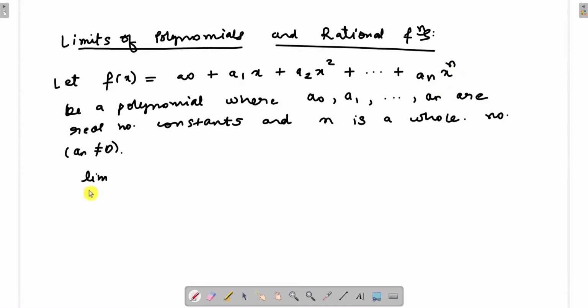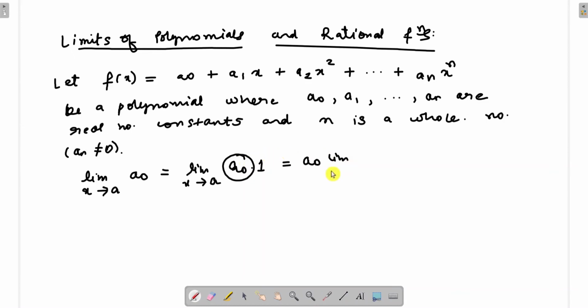So the limit as x tends to a of the first term, that is a naught, will be equal to the limit as x tends to a of a naught times 1. We can write it in this way. You have a constant function and also another constant function, so the constant comes out.